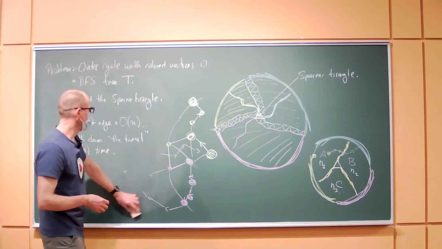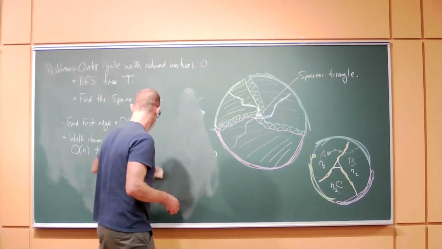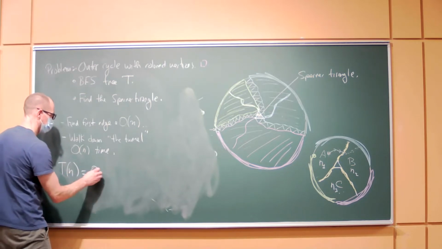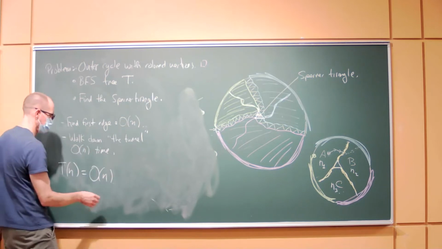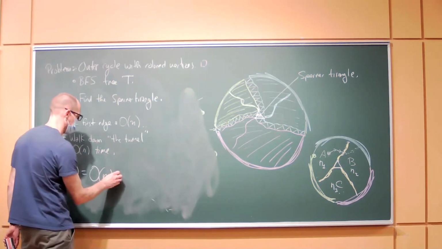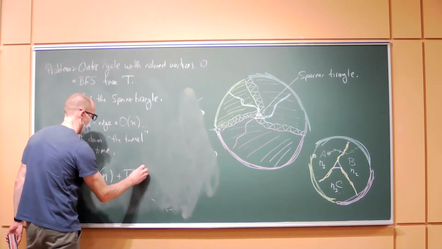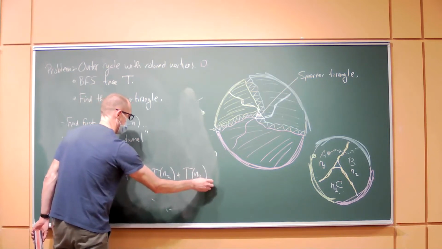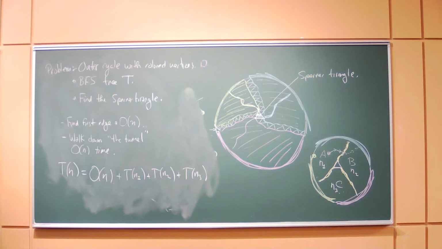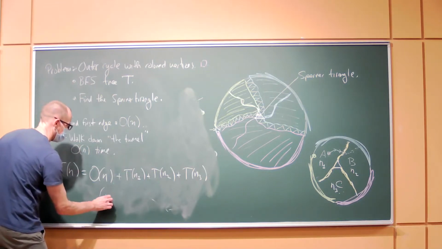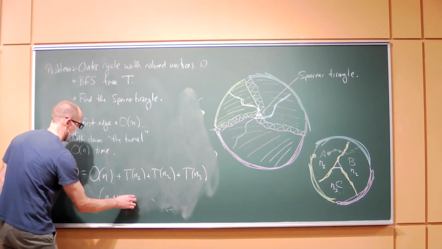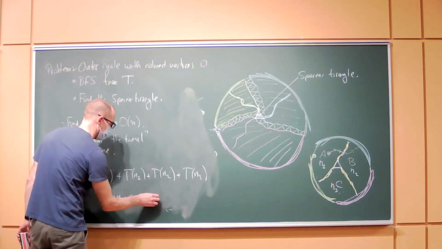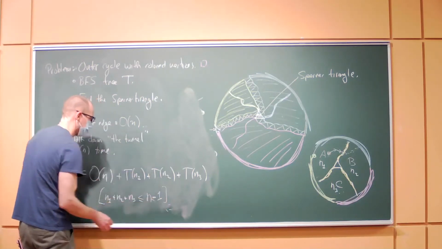Then I'll get a running time recurrence that looks something like T of n is equal to O of n time to find this thing and break up the thing into 3 subproblems, plus T of n1 plus T of n2 plus T of n3, with the restriction that n1 plus n2 plus n3 is less than or equal to, let's say, n minus some constant.